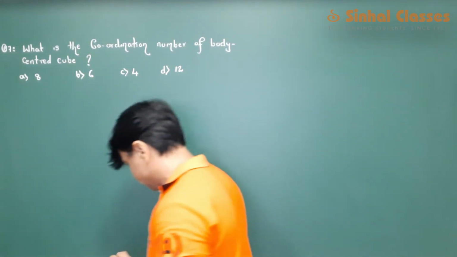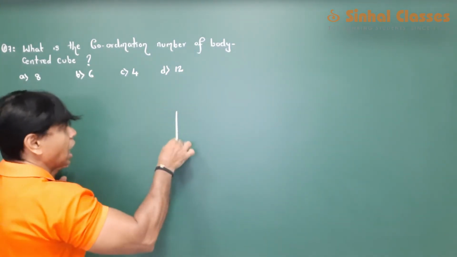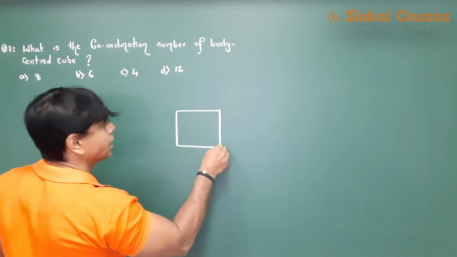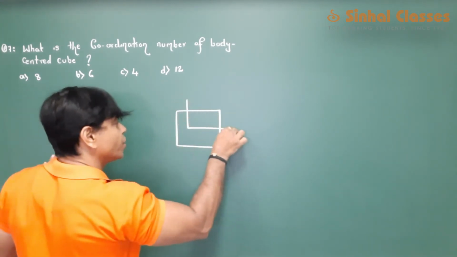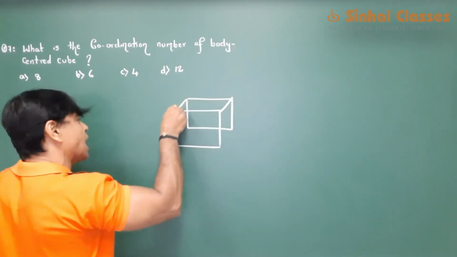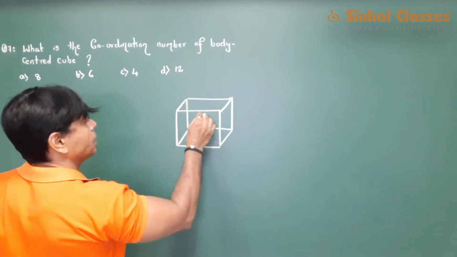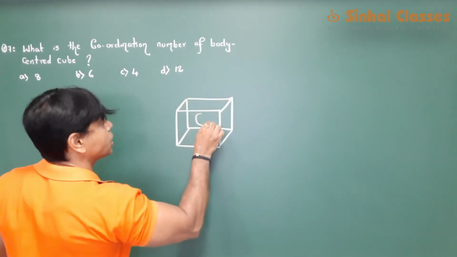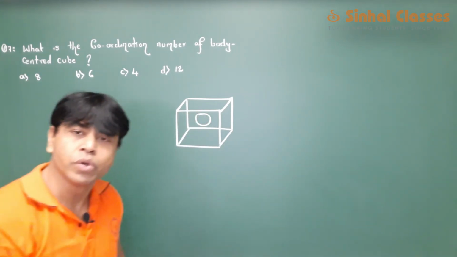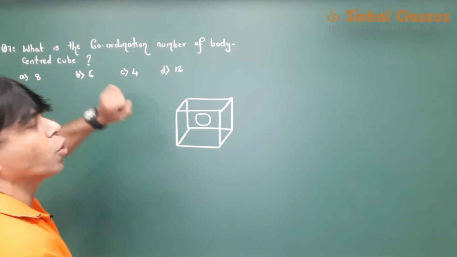A cube in which the central atom will be touching how many atoms? That's what is called coordination number. Okay, that means the atom is in the center. They are asking you, what is the coordination number of body-centered cube?